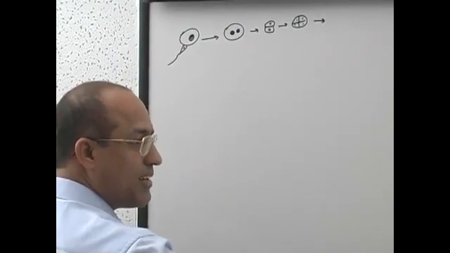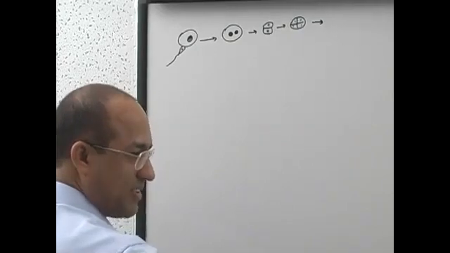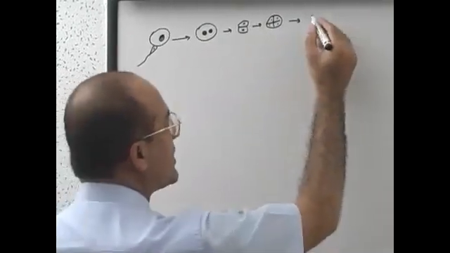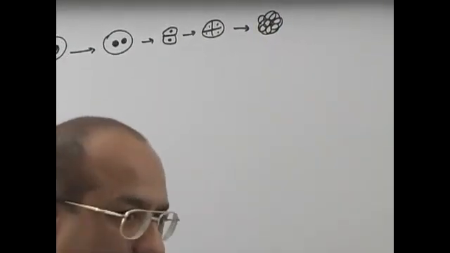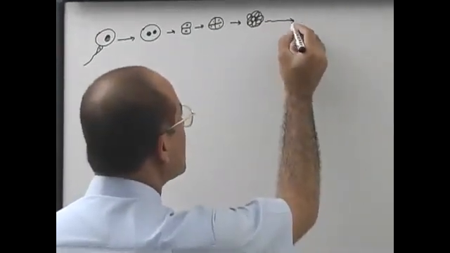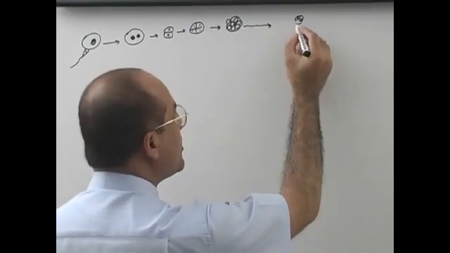In the female, within the fallopian tube, in case of natural fertilization, right? Zygote divides into 2-cell, 4-cell stage, then what is this? Morula stage. You have not done embryo. Then from morula stage you go to, yes, blastocyst stage.